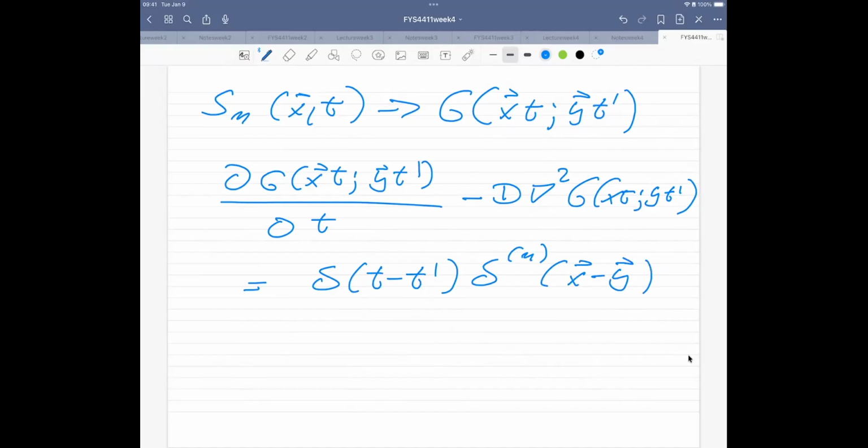This is just something which I'm stating. And that means that if I take t minus t' and call this a time step delta t, then I can rewrite this Green's function, which is a solution of the diffusion equation, but where the initial distribution is given by a delta function.